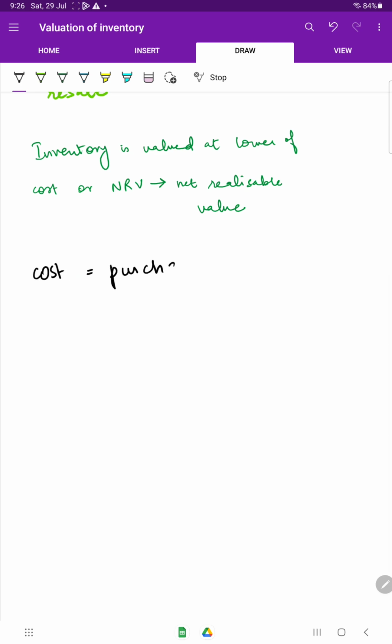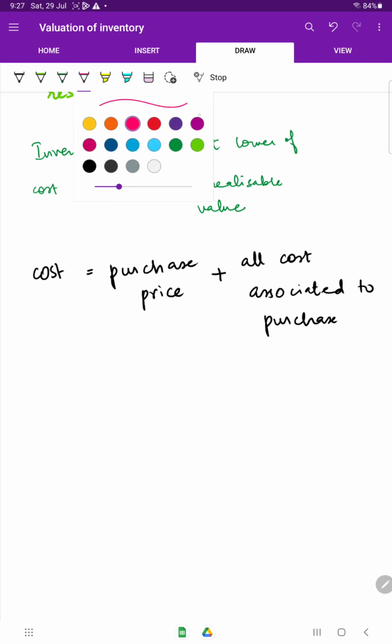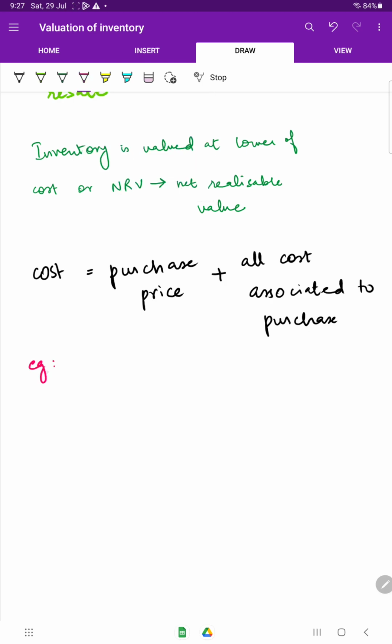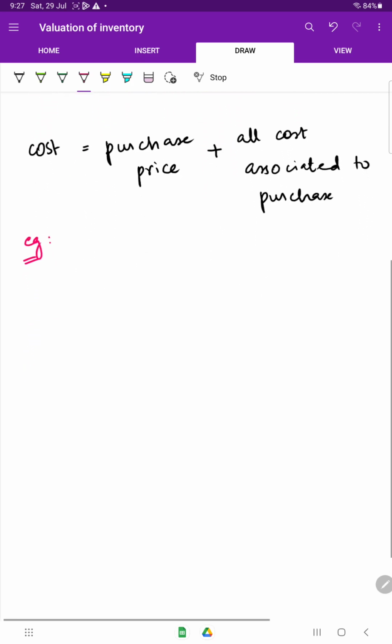For the cost of inventory, you consider the purchase price and you add all those costs that are associated to purchase of that inventory. For example, your transportation charges, your import duties. Let me give you an example. Purchase price is, let's suppose, $400.